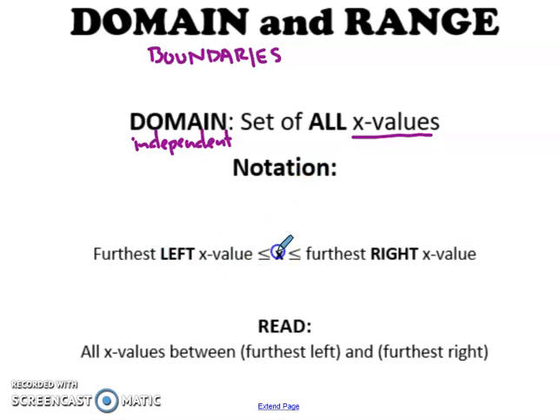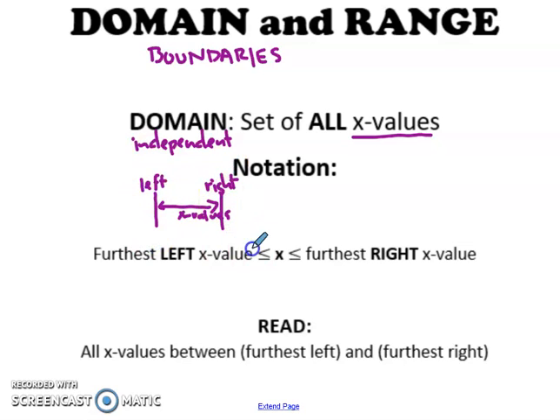We have our inequality symbols, and we'll talk about that in just a minute, but you're looking for the furthest left that your graph goes to the furthest right that your graph goes. We're creating a trap, right? We're trapping our graph. This would be all our x values that are part of this graph, this information.